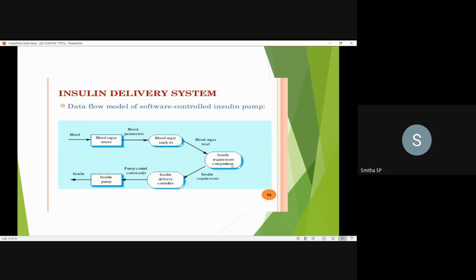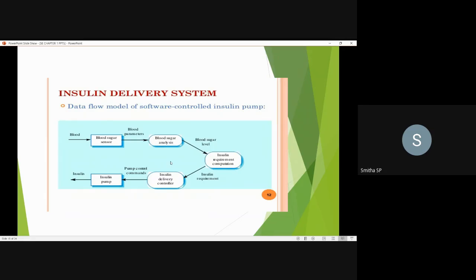Here it will compute the exact amount of insulin needed by the patient, and this detail will be sent to the insulin delivery controller. Through the pump control commands, the insulin pump will be controlled, and the exact amount of insulin needed will be delivered to the patient. So this is how our insulin delivery system actually works.